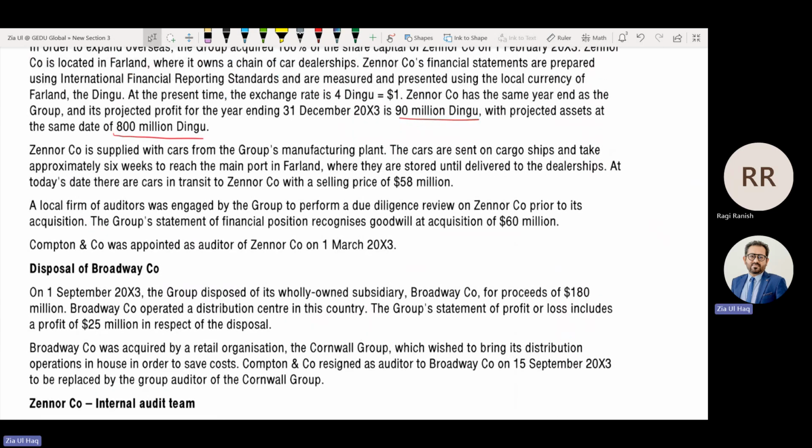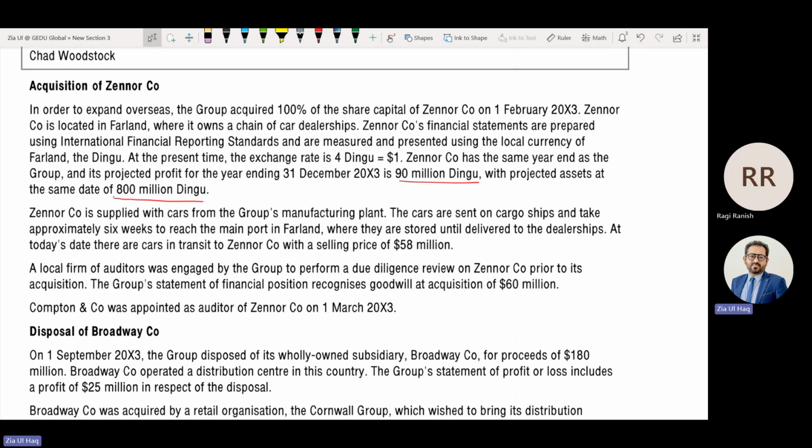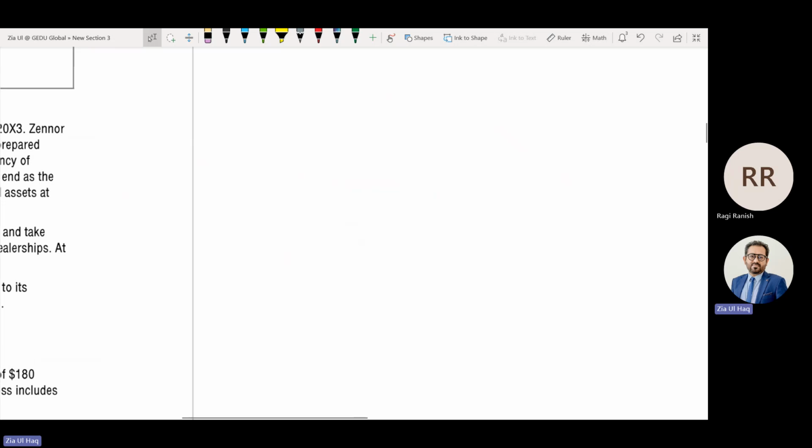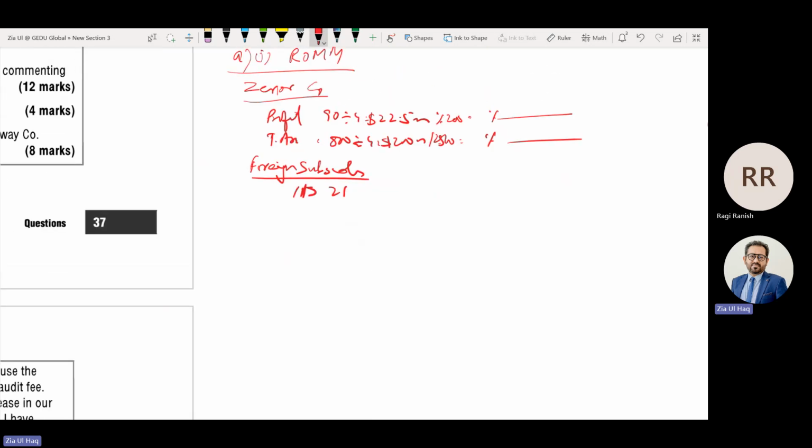Zenner company is supplied. Okay. Now there was another issue. This is the subsidiary acquired during the year. So put a heading: acquisition during the year. If acquisition during the year, for IFRS 10, only post-acquisition results must be consolidated rather than pre-acquisition.